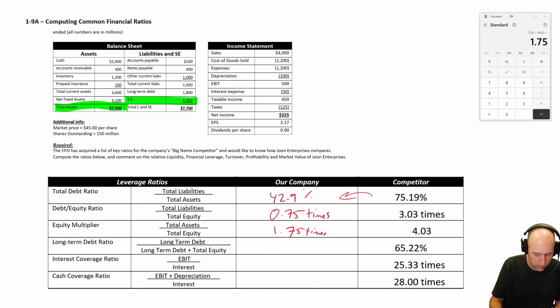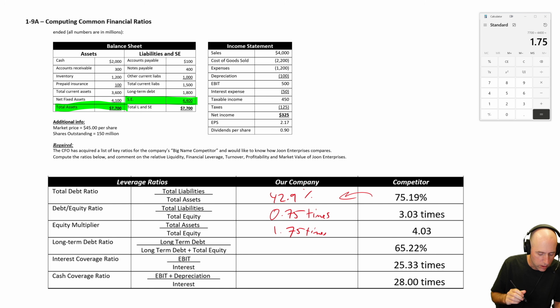The debt to equity ratio is one less than the equity multiplier. Equity multiplier is one more than debt to equity. I show in a future problem algebraically why this is true, and it is true. I'm not going to show it here, but it's just simple math, because assets equals liabilities plus equity. So the way that works together makes this possible.